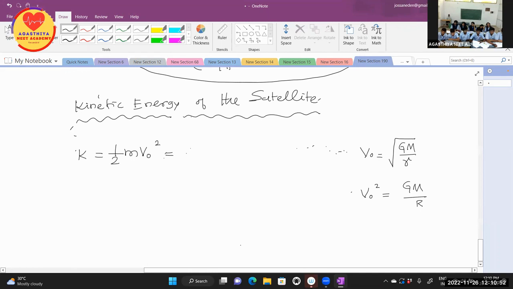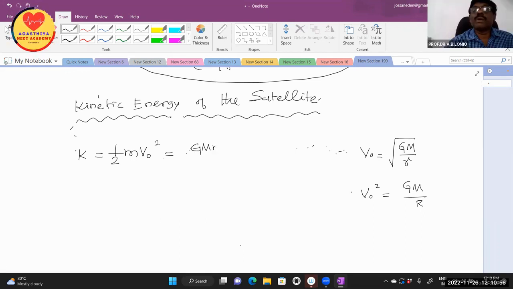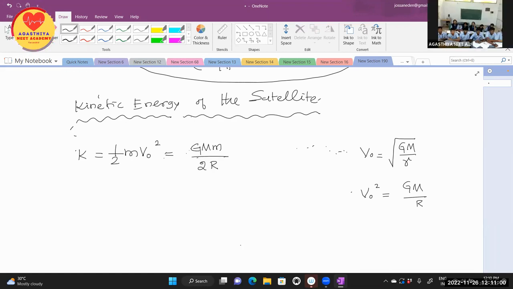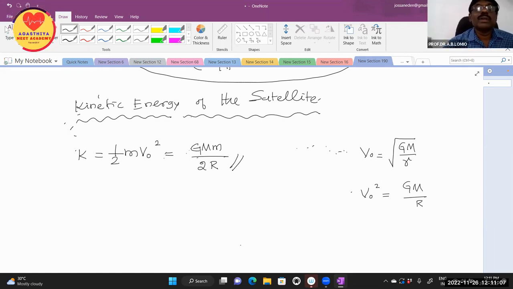Now substitute here. It becomes GMm divided by 2r. Suppose you forgot this formula, you can derive it from the basic expression.